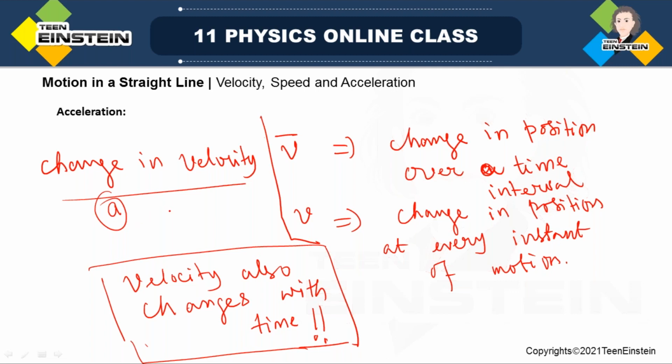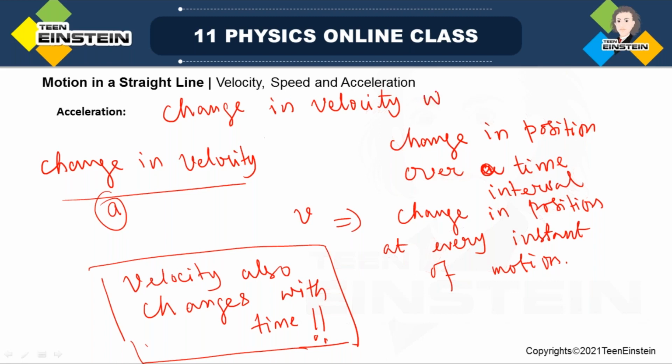Now look, during Galileo's time there was a confusion. We know change in velocity with respect to time is defined as acceleration. So what is acceleration? Change in velocity with respect to time, or in simple language, rate of change.